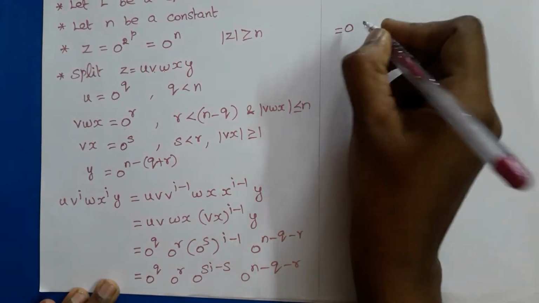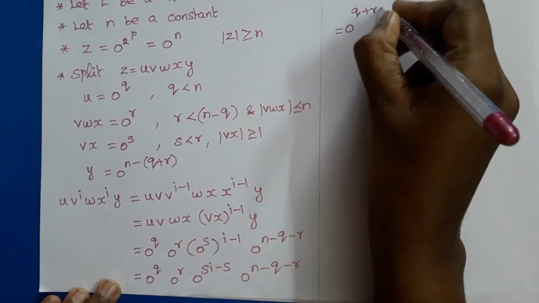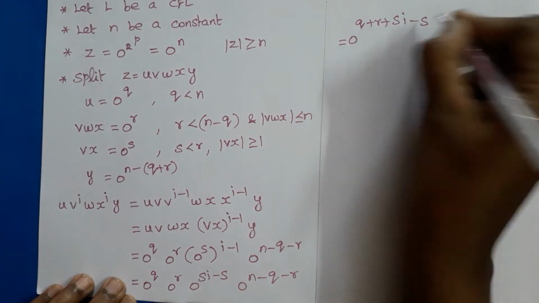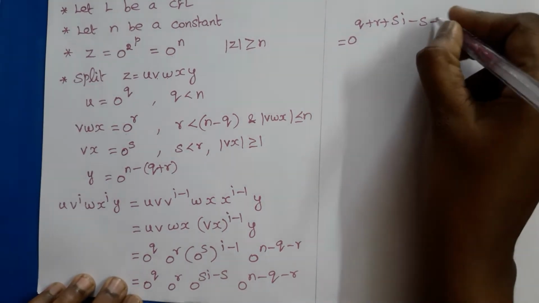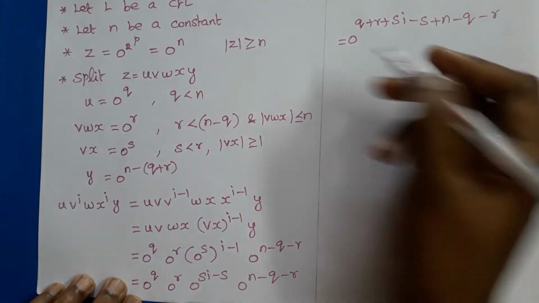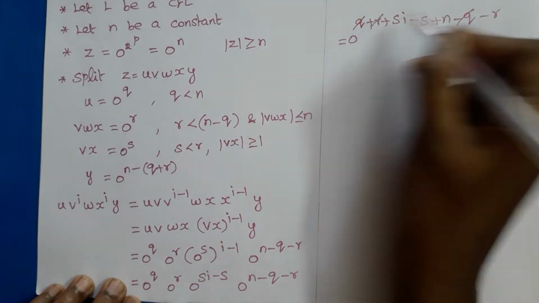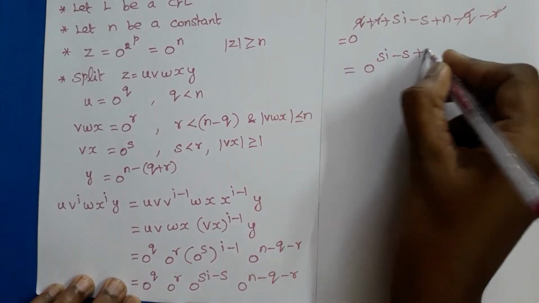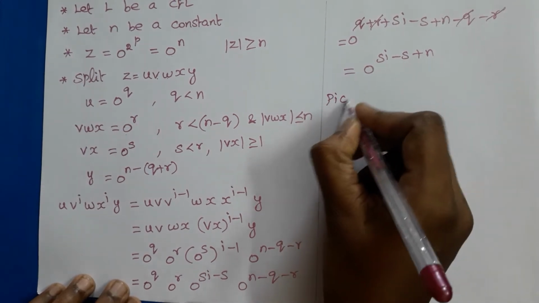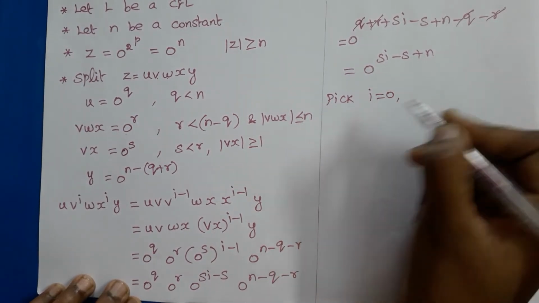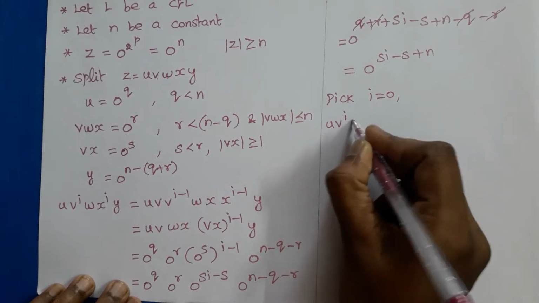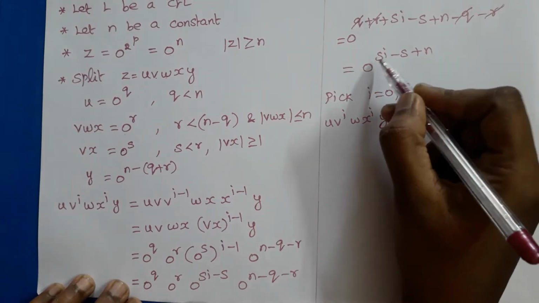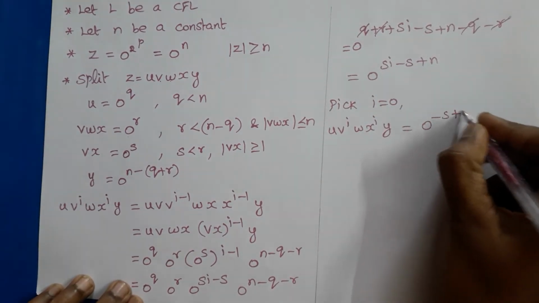This can be written as 0 to the power Q plus R plus SI minus S plus N minus Q minus R. Here Q minus Q and R minus R are cancelled, so we get 0 to the power SI minus S plus N. Now pick the I value equal to 0. If we substitute I equals 0 in UV to the power I, WX to the power I, Y, we get 0 to the power minus S plus N.